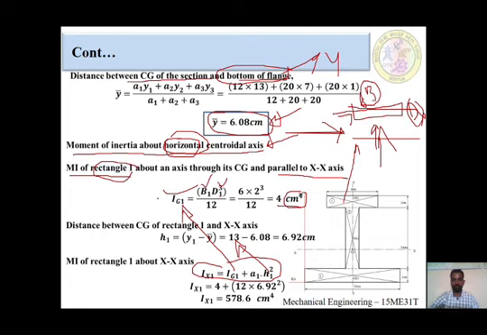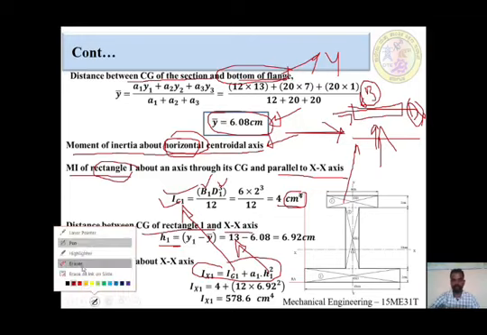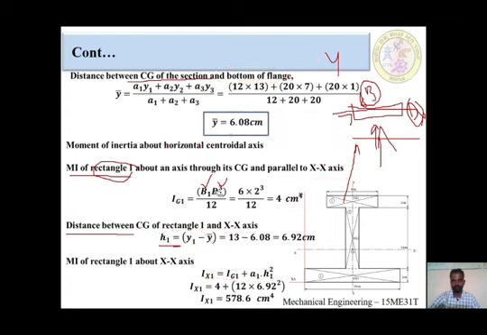Okay, after finding this Ig1, we have to calculate the H value. The H value is the distance between the center of gravity of rectangular one and the x-axis. I am reviewing this part for better understanding. This is a very important part, how to find the H value.